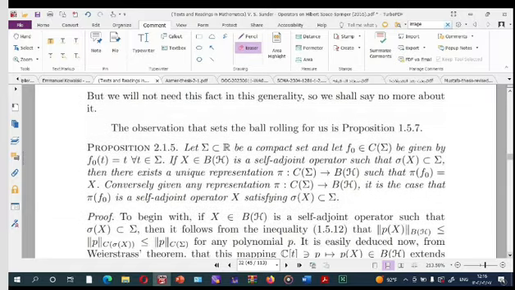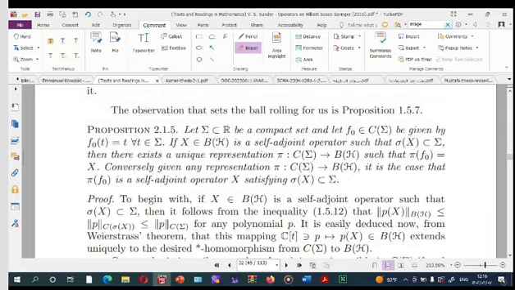And also we have this proposition: let sigma, a subset of R, be a compact set, and let f0 in C of sigma be given by f0 of t equal to t for all t, so that this is the identity map.